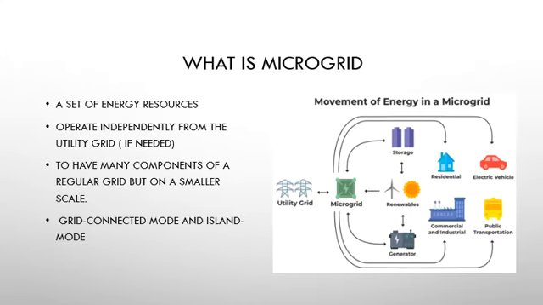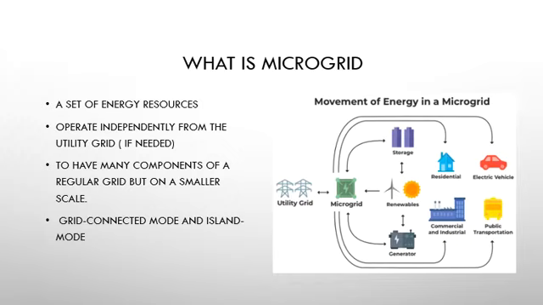A microgrid is a set of energy resources that can operate independently from the electricity grid, if needed. I mean, a traditional microgrid relied on fossil fuels, but now low carbon microgrids run predominantly on renewable energy.